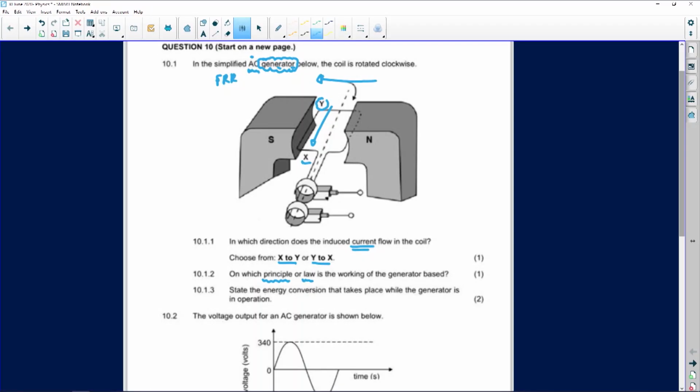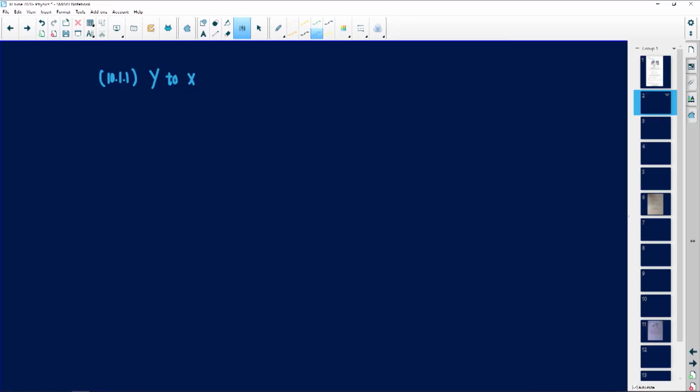So when we talk about electromagnetic induction, we talk about a guy called Faraday. And he was actually introduced to you guys in grade 11 when you did electromagnetism. Now remember, when we talk about a principle and when we talk about a law, it's things that do not change. It means if you go to any other country, it will always remain the same. So don't thumb suck, it's actually in your textbooks. So what principle or law is this generator working towards?